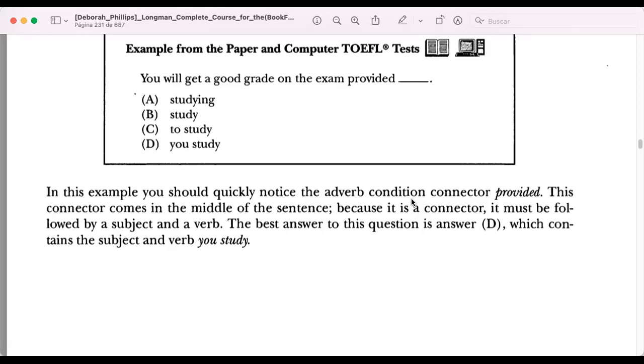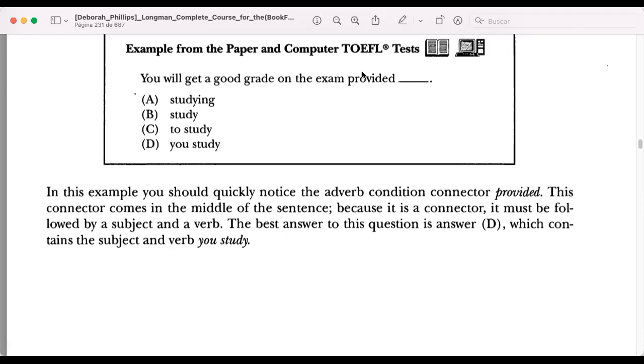This is another way to see this. On the second sentence, we need a subject and a verb. We got it here: you get. You will get in the future. So this is the first sentence. The connector is "provided", and the second sentence needs a subject and a verb.